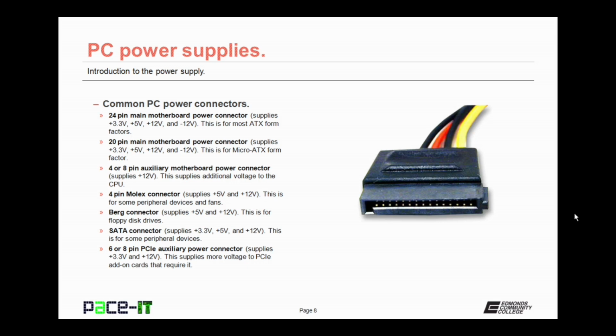It uses a 15-pin plug, and finally you may have a 6 or 8-pin PCI auxiliary power connector. This supplies additional 3.3 and 12 volts to some PCI add-on cards, specifically those that require it, which are commonly video graphics cards.